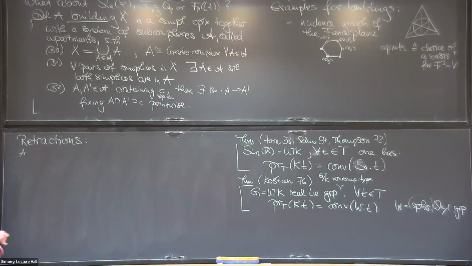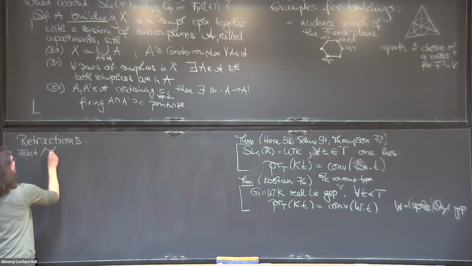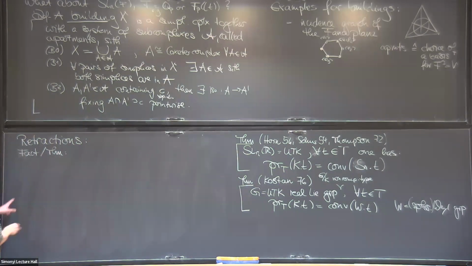First of all, they're maps from the entire building onto one preferred apartment. And I take the apartment that corresponds to the maximal torus T I've been looking at lately. So let me put this as a fact, a theorem. This goes back to Tits, Bruhat-Tits.